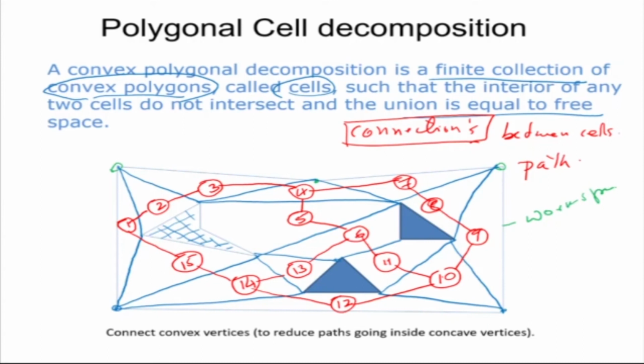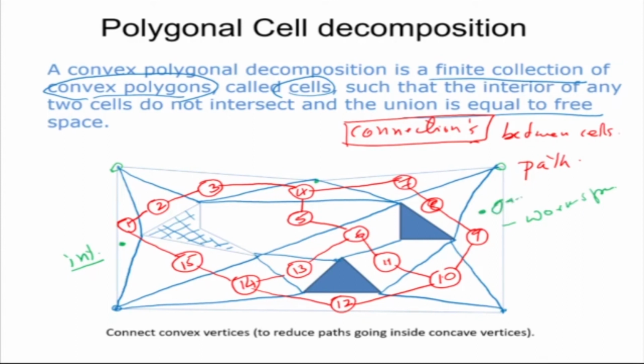Now that's very simple and very interesting. Suppose I want to go from my initial point here. Okay, this is my initial point, and this is my goal point. Let's say the goal point is right here.